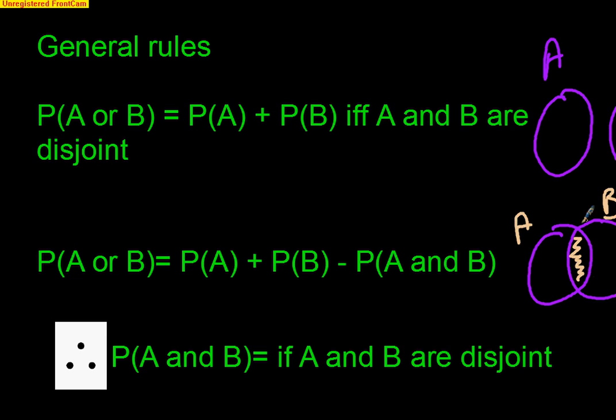This is A, all this circle. This is B, all this circle. But we don't want to count everything, because this stuff in the middle gets counted twice. So we count everything in A, everything in B, and then we take out the stuff that's been counted twice. We'll do an example like this in class so you can visually see it.